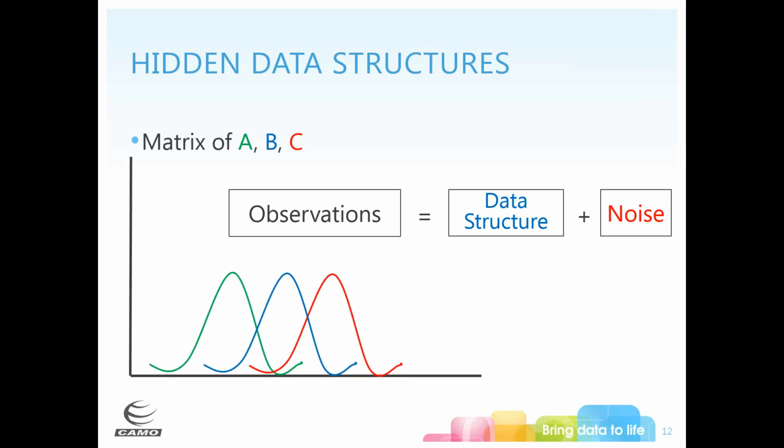For example, if we have a matrix of A, B, and C, and what we're really interested in measuring is the amount of B, then the curves here that are due to A and C are going to be part of your noise, and the B is going to be part of your data structure. If, however, what we care about is C, then now C is our data structure that we care about, and A and B are going to be our noise.